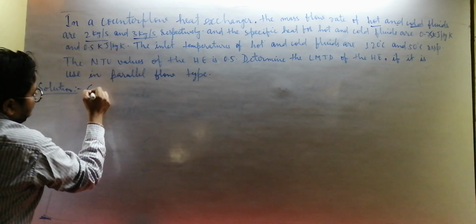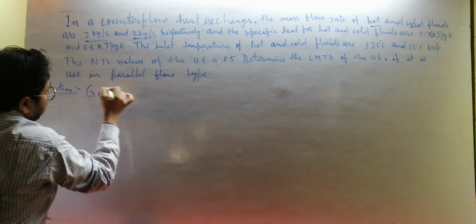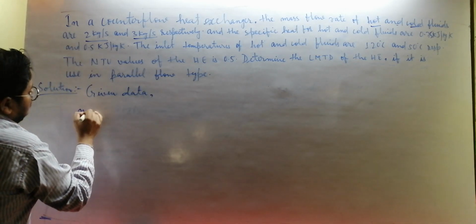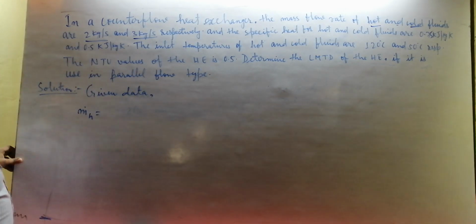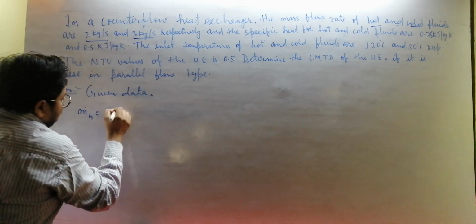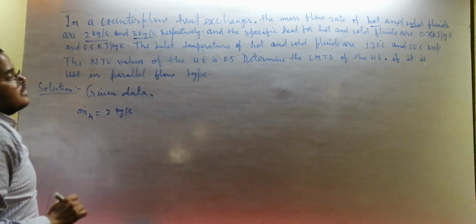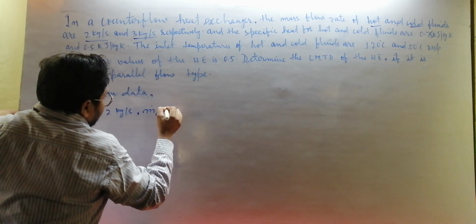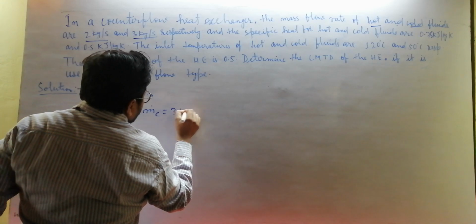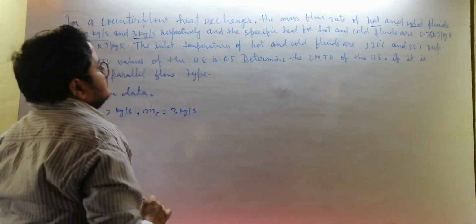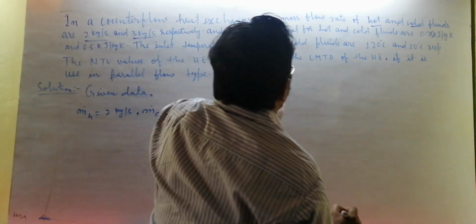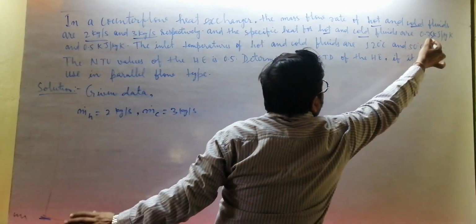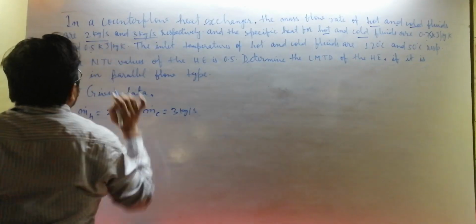Given data: m dot h for hot fluid is 2 kg per second, and m dot c for cold fluid is 3 kg per second. Next, the specific heat: Cp of hot fluid and cold fluid are 0.75 and 0.5.